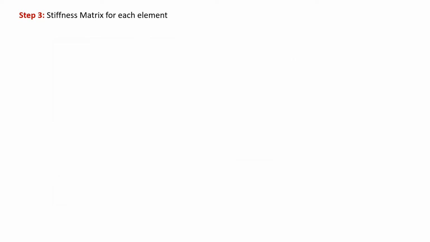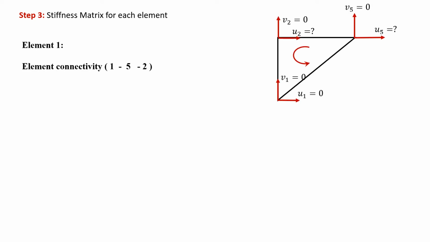Like in the previous video, the third step of our calculation is to determine the stiffness matrix for each element. Let's start with element 1. The first thing, as we discussed, is to determine the element connectivity. For this element, I connect it using nodes 1, 5, 2. Therefore, node 1, 5, 2 will be numbered 1, 2, 3, meaning that node 1 will become coordinate x1, y1.